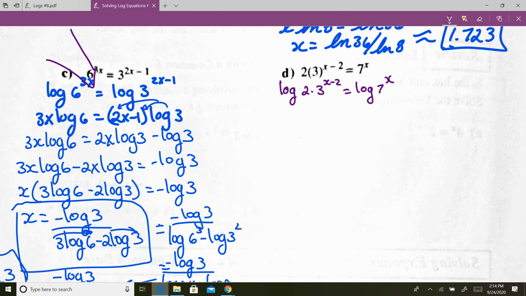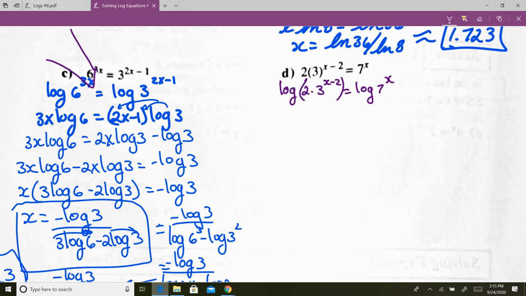Okay, what's my next step here? What do we want to do? Why do we log? Okay, you want to drop the exponents. The problem is the 2 and the 3 have different exponents, so we need to separate them first. If you're multiplying, what does that mean you can do to the arguments?